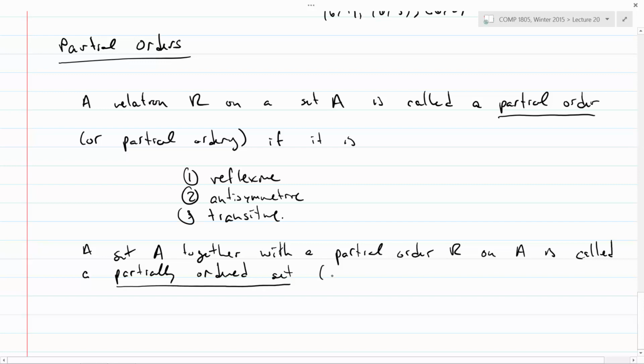Typically that's abbreviated to POSET, and it's denoted (A, R). Members of A are called the elements of the POSET.